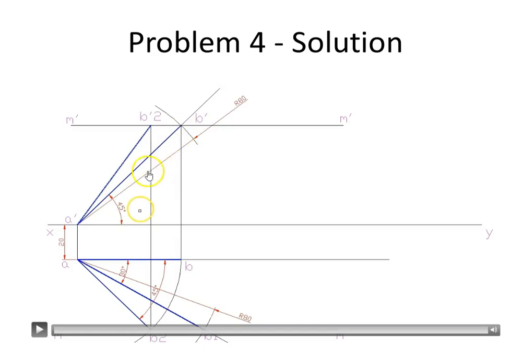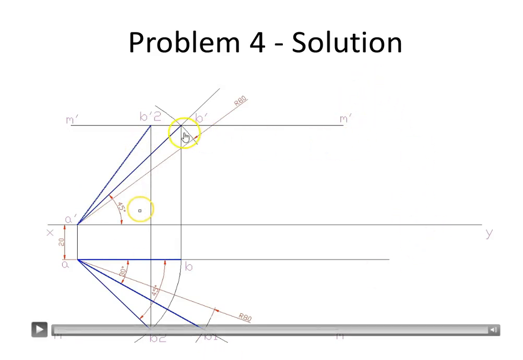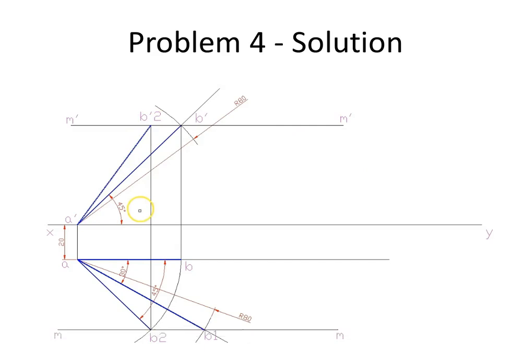And you should be able to differentiate between the projections A dash B dash and A dash B2 dash, since A dash B dash is the true length, and A dash B2 dash will be the projection when it is inclined to both HP and VP.